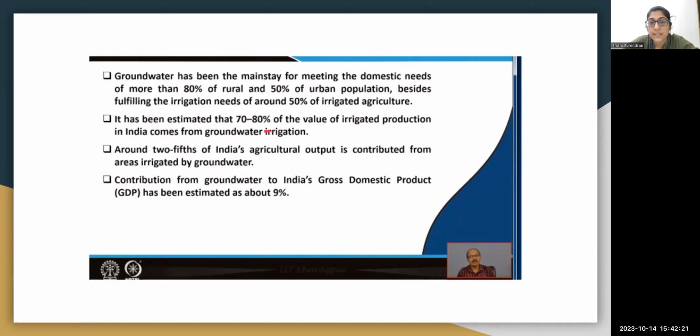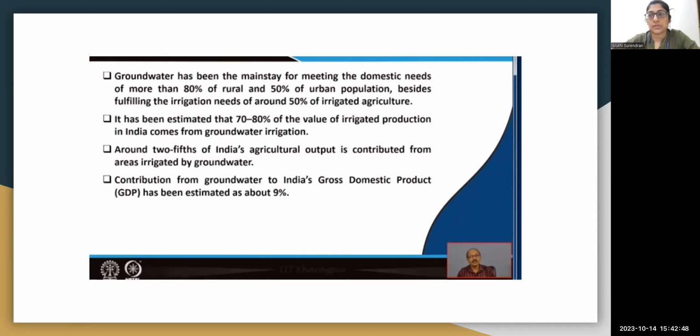Not only that, 70 to 80% of the value of the produce comes from it. Out of the irrigated produce we get, 70 to 80% of the value is obtained from produce generated by groundwater irrigation. Out of the total agricultural output, around 2/5 is obtained from areas irrigated by groundwater.